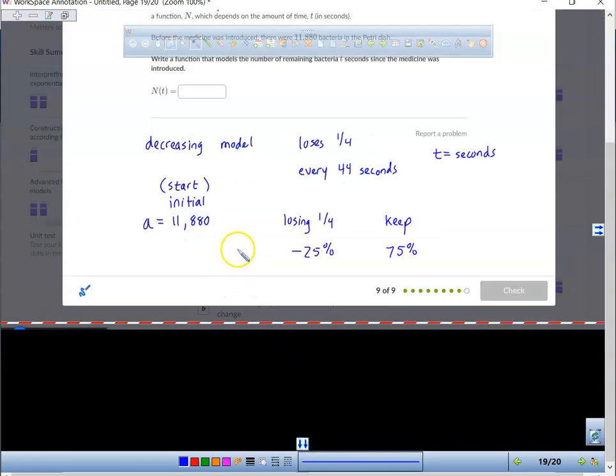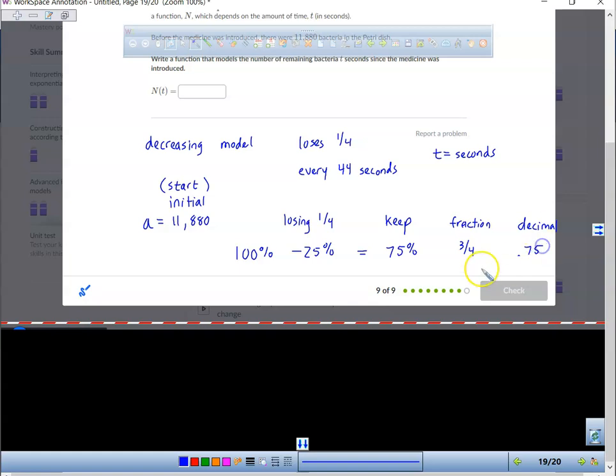So I want you to understand, if you lose a quarter, you're losing 25% of whatever you started with, which means you are what? Keeping 75%. Does anybody know what fraction 75% is? 3/4. And what decimal is equivalent to that fraction?